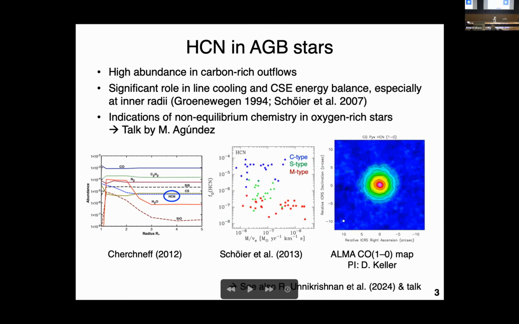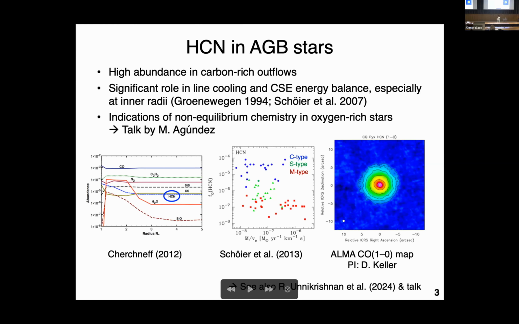Due to the high abundance of HCN in carbon-rich outflows, it actually has a significant role in the cooling or in the energy balance of the circumstellar envelope, in particular in the parts of it where CO is optically thick. And also, as we can see in this example, CO emission in the ground state is spatially extended, so it serves as a good probe of the physical conditions in the circumstellar envelope.